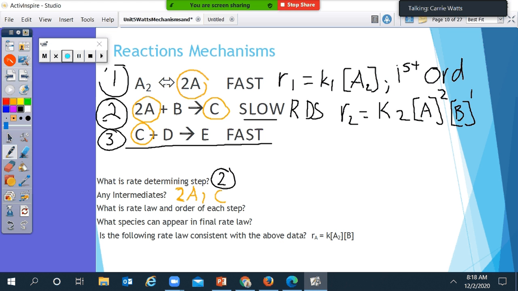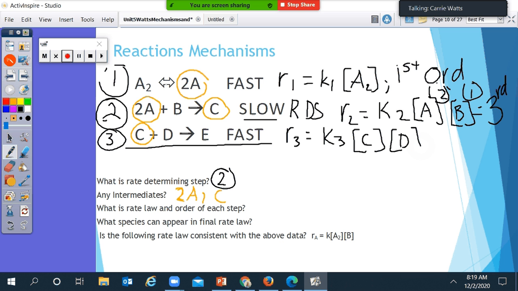You add up the exponents: 2 plus 1 is 3, so this one is third order. And then for step 3, rate 3 is going to equal K3 times the concentration of C times the concentration of D, and this is obviously second order.